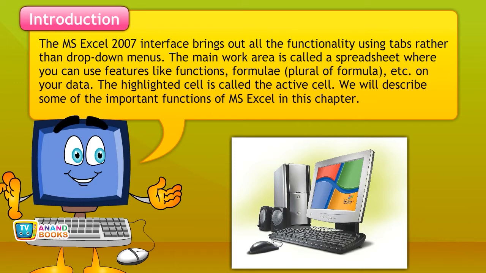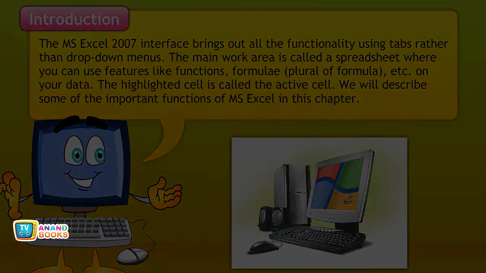The main work area is called a spreadsheet, where you can use features like functions, formulae, etc. on your data. The highlighted cell is called the active cell. We will describe some of the important functions of MS Excel in this chapter.